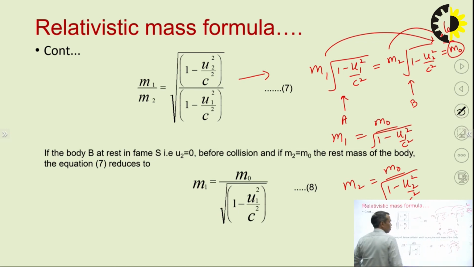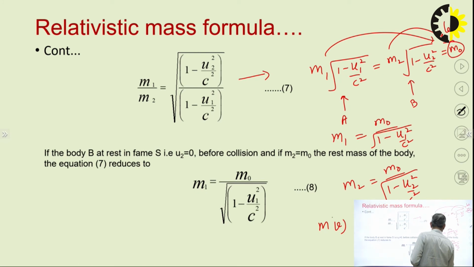So, from here we can see that m1 and m2 depend on velocity, and in general we can write the mass variation formula like this.